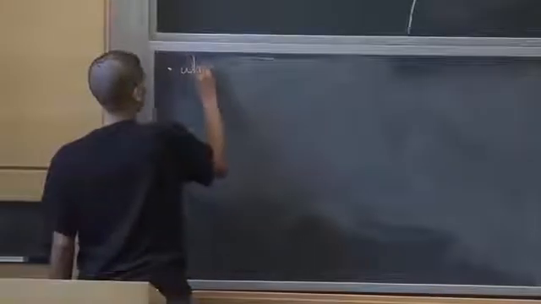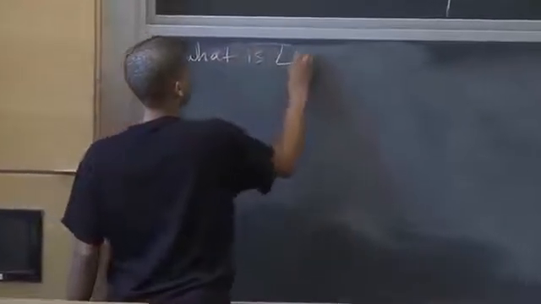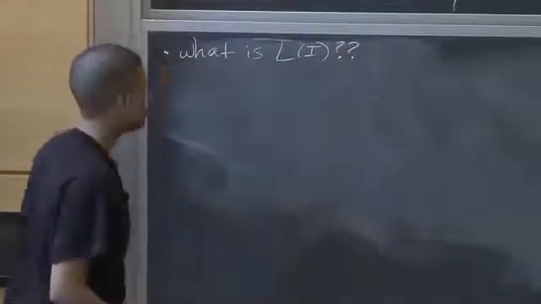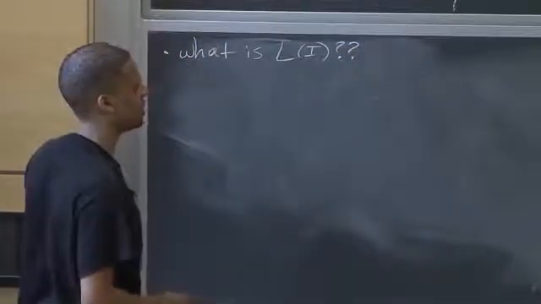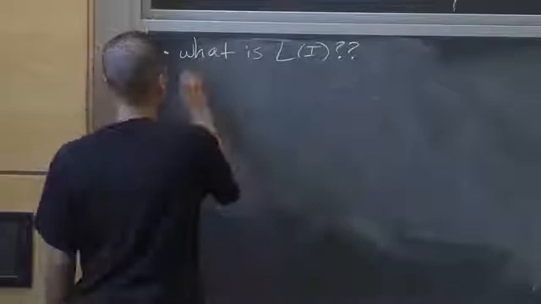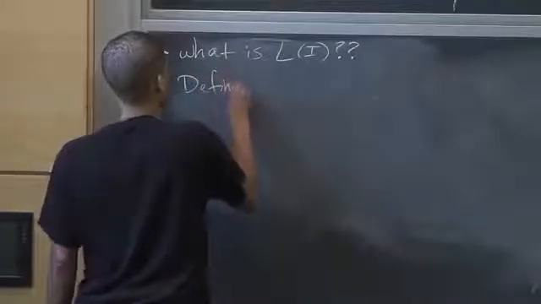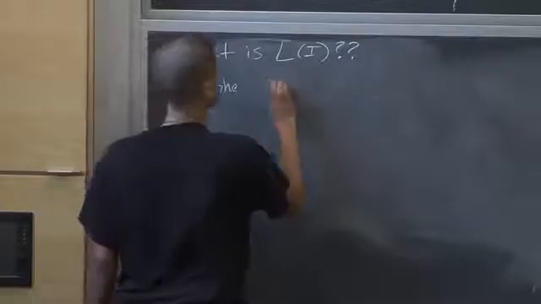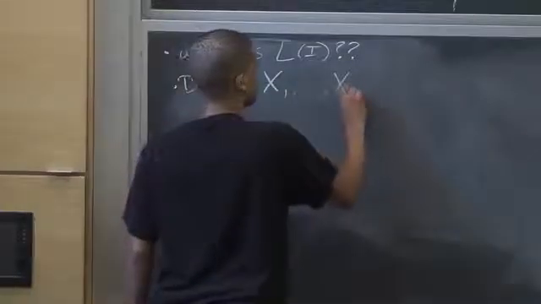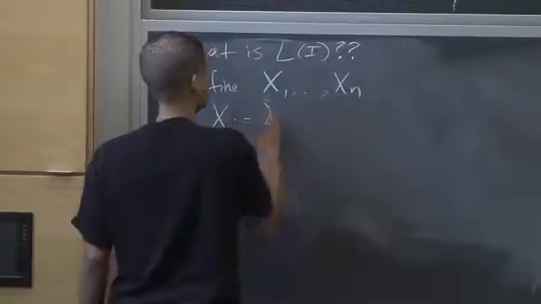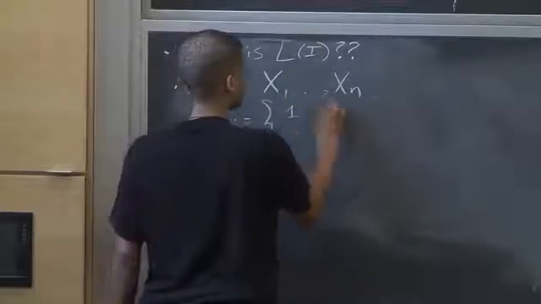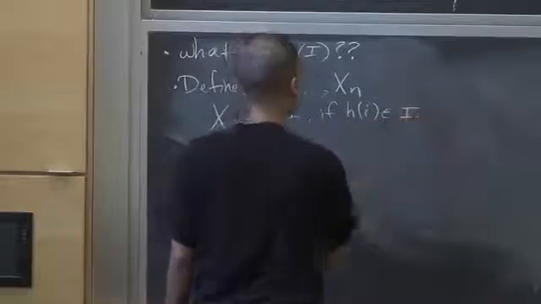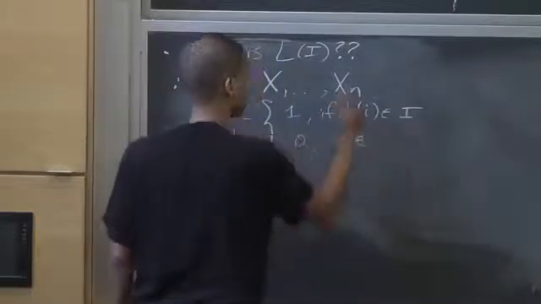So what is this random variable L of I? Okay. So we can define some indicator random variables. Define x1 up to xn, where xi is equal to 1 if h of i is contained in this capital I, and 0 otherwise.